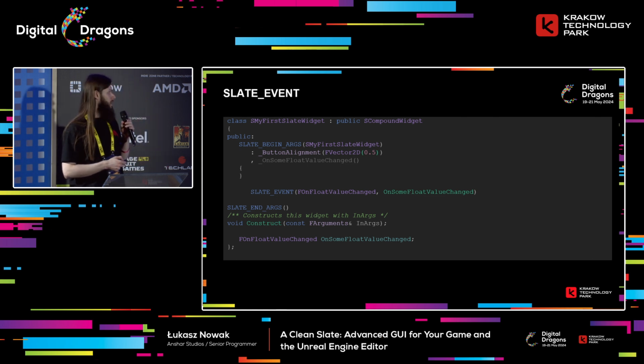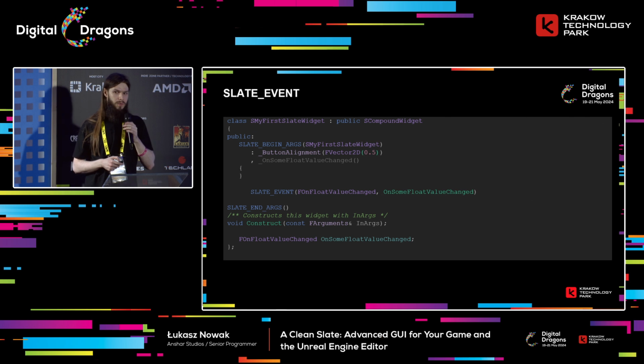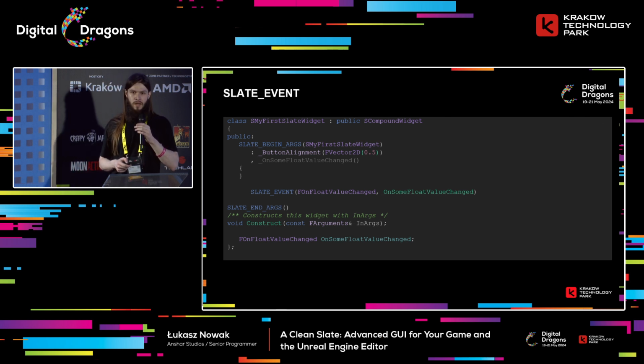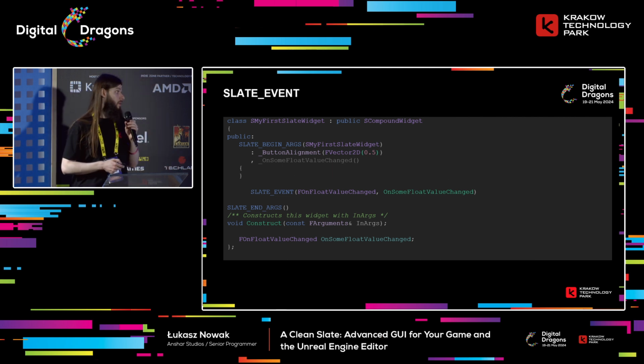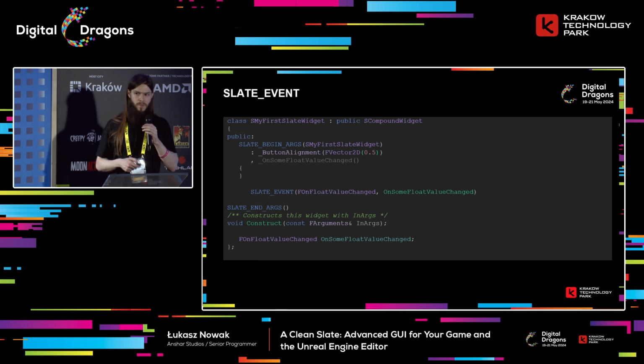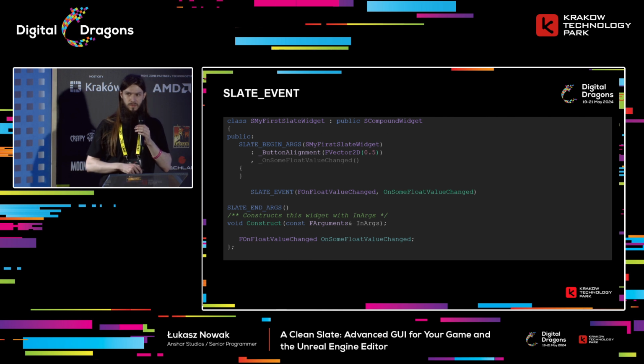So a Slate event is basically a macro that wraps a bit around a delegate. It's helpful to use it instead of just declaring your own delegate, because it gets automatically bound to the Slate widget. And there's some other really low-level stuff done to it that I didn't realize until recently.